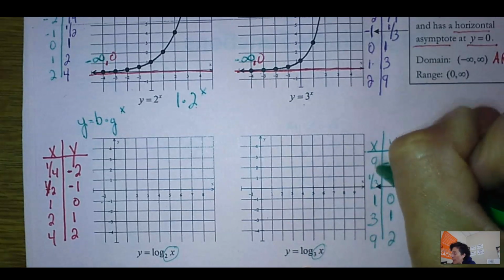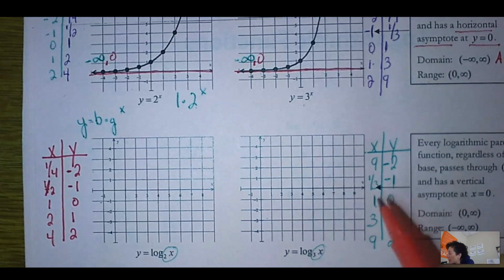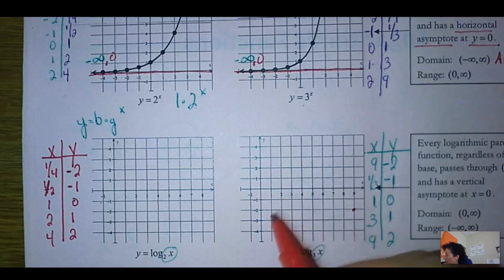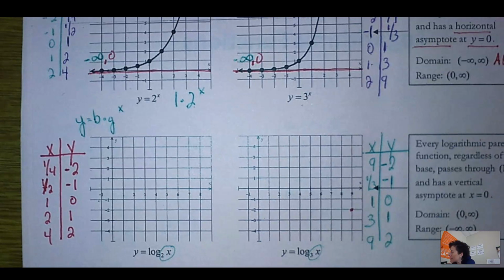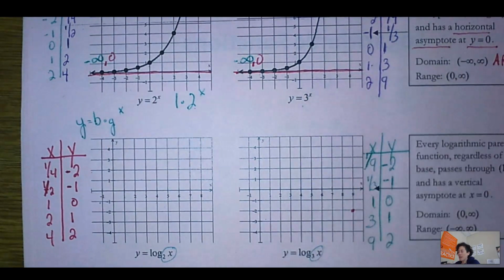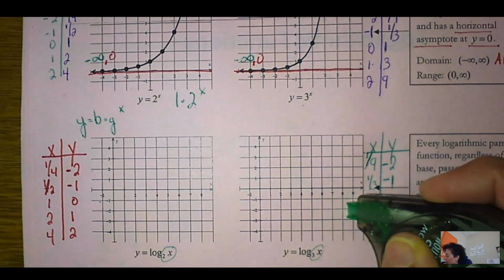So when we graph these, it is going to look a little different. So let's just finish this one up. So here I'm going to go 9, negative 2, and then I'm going to go, whoops, I just messed that up, didn't I? Sorry, it's not 9, negative 2. It's 1/9. All right, so let's back that up. That one should not be here.